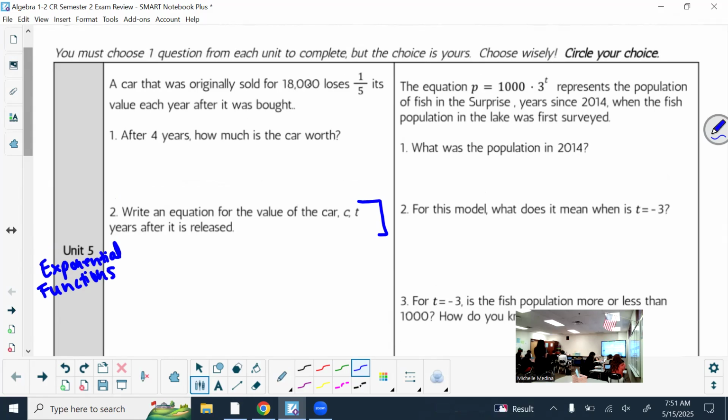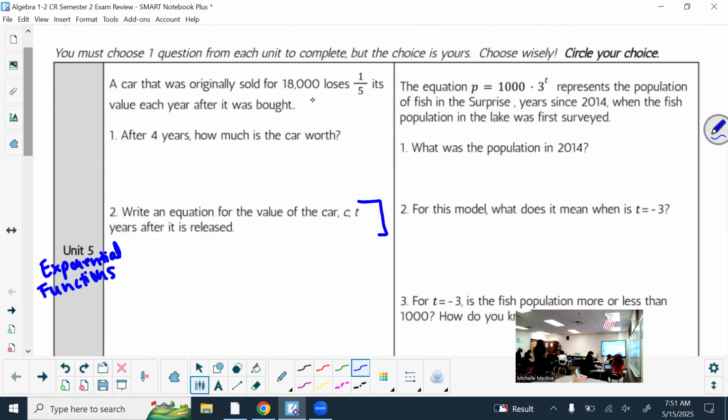What is 1/5 of 18,000? Maybe 20? Is that what we said? No, that's not possible. Right, 18,000 is a big number, 20 is not 1/5 of that.